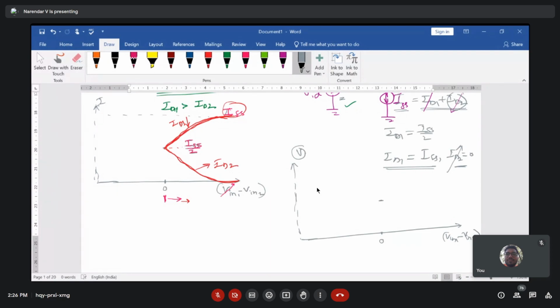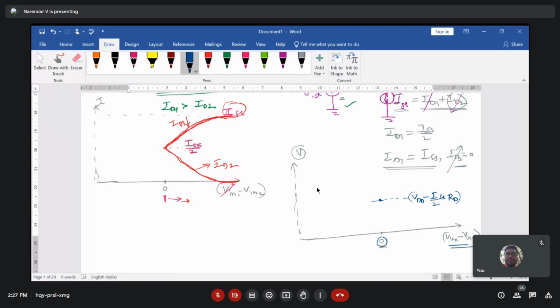So at V input 1 minus V input 2 equal to 0, the current remains same, and the voltage that you can notice here is VDD minus ISS by 2 into RD in both VD1 and VD2. So this is where VD1 is equal to VD2, right? And which is at V input 1 minus V input 2 equal to 0 case.